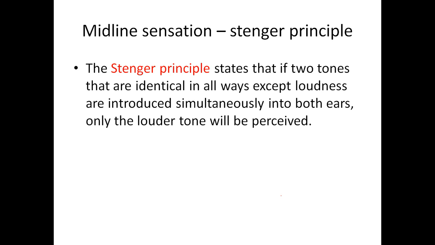So in which ear can he hear louder? If he is having a bilateral asymmetrical sensorineural hearing loss, in whichever ear he is having a perception of the louder tone, he will perceive that. So this principle is very important in case of testing the functional hearing loss. Okay.